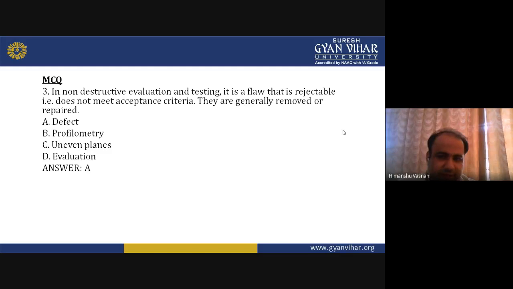Now, in this, it is a flaw that is rejectable, that it does not meet acceptance criteria. After reading the slides, you can understand this is a kind of defect. Okay, a defect can be removed or it can be repaired.